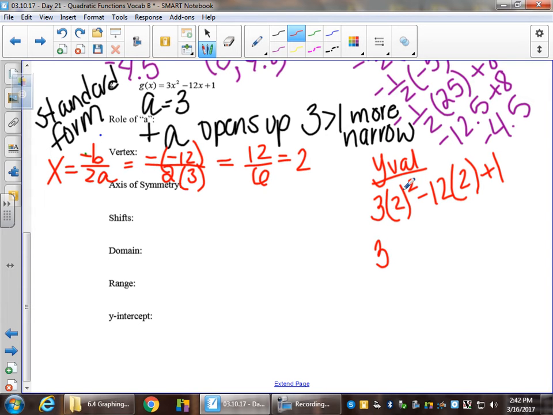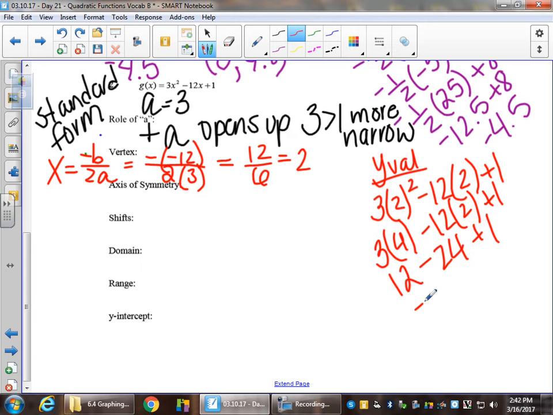So it would be 3 times 2 squared, which is 4. Then we can multiply out our parentheses. So we have 12 minus 12 times 2, 24, plus 1. 12 minus 24, negative 12, plus 1, negative 11. So our vertex is 2, negative 11.